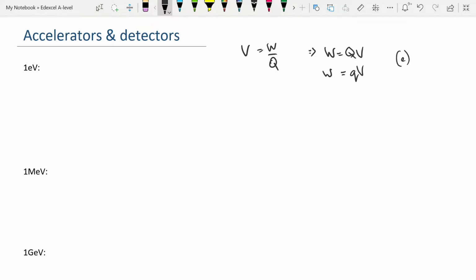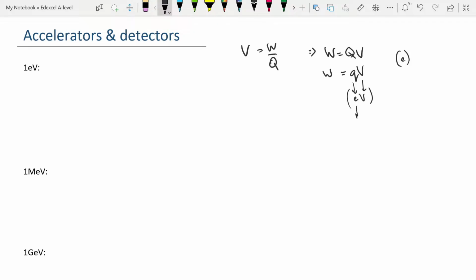So the energy gained by one electronic charge is Q times V, and of course this is the idea that Q has the electronic charge e and the volt is there. So the energy gained by one electronic charge when it's accelerated through 1 volt is 1 electron volt.